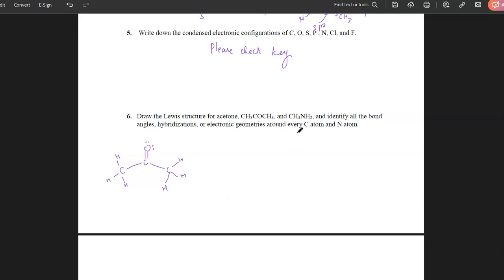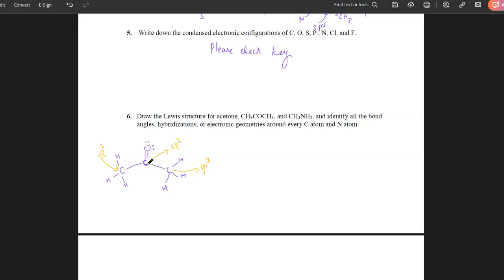It's asking to identify all the bond angles. Because this carbon atom is sp2 hybridized, we can write the hybridizations first. So this is sp2, this is sp3, and this one is sp3.